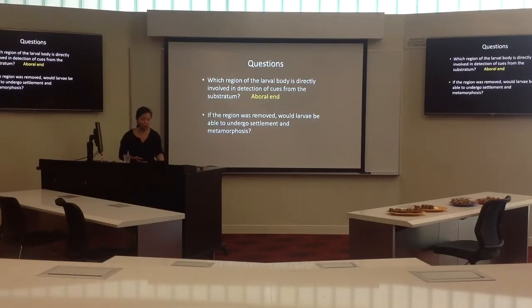And if that region was removed, would larvae still be able to undergo settlement and metamorphosis? And the answer is no. So even though, going back to the big picture, I was not able to actually manipulate individual sensory cells, this is an abstract way to kind of determine which region sensory cells might be localized in by doing these types of experiments.